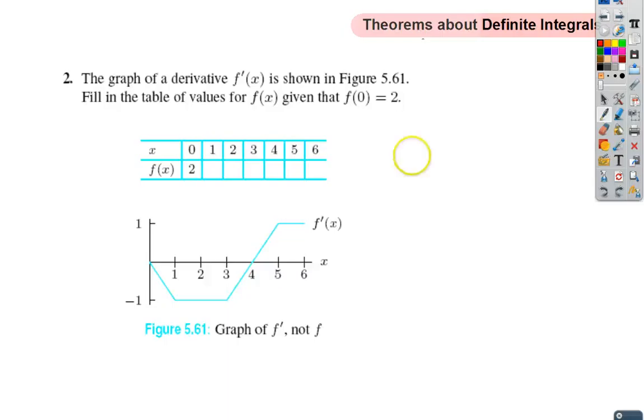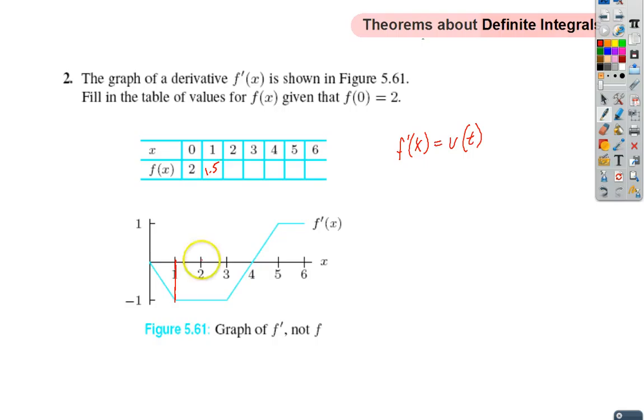So if you will, think of f prime of x as v of t, my velocity. When I figure this out right here, I went backwards, because my velocity is negative by a half a unit. So how does that affect where my position was? If I started at 2, but I went backwards a half a unit, then this is now 1.5.